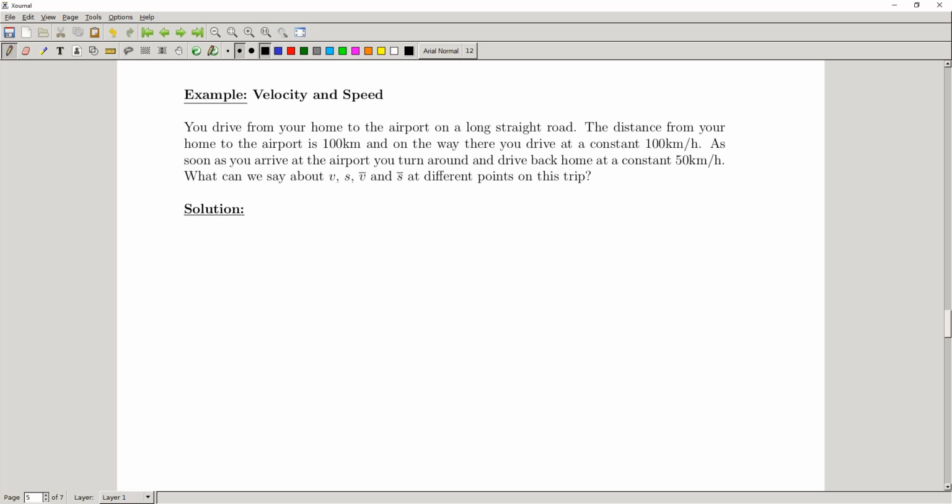On the way there, we drive 100 kilometers per hour. As soon as we get there, we turn around and drive back at 50 kilometers per hour. We would like to be able to say something about the instantaneous velocity, the instantaneous speed, the average velocity, and the average speed at different points on the trip.